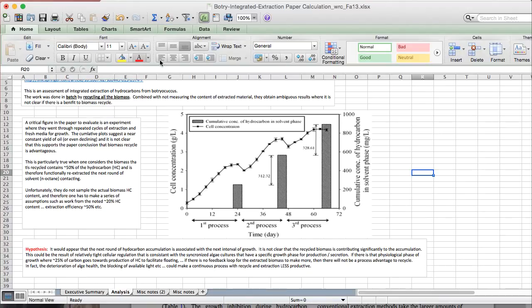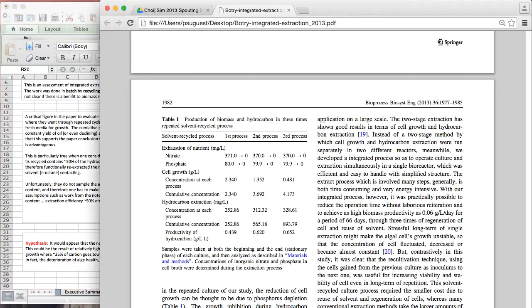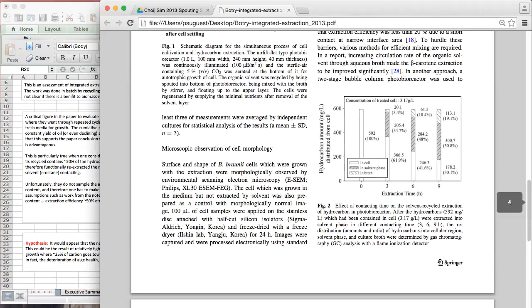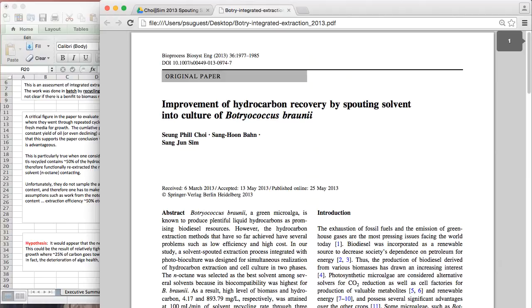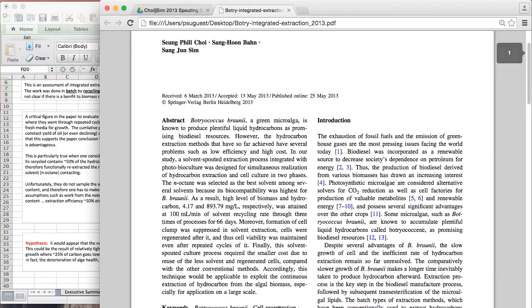So you can see that my interpretation is nearly completely 180 from what you actually see in here. This idea that this technique would be applicable to exploit continuous extraction is, quite frankly, a dumb idea.